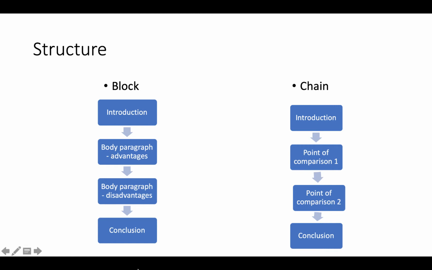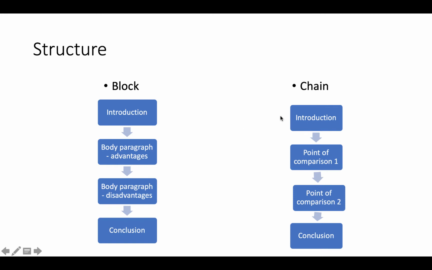And then the next paragraph would be about the disadvantages of that technology, or disadvantages of having that in our lives. Okay, and then the conclusion would recap the main points and then just a brief summing up. Okay, so that's the method that we've looked at previously.